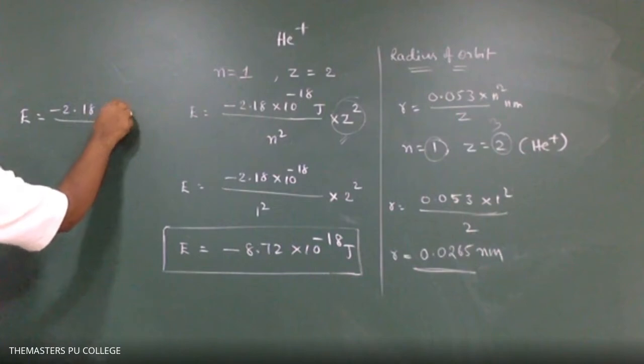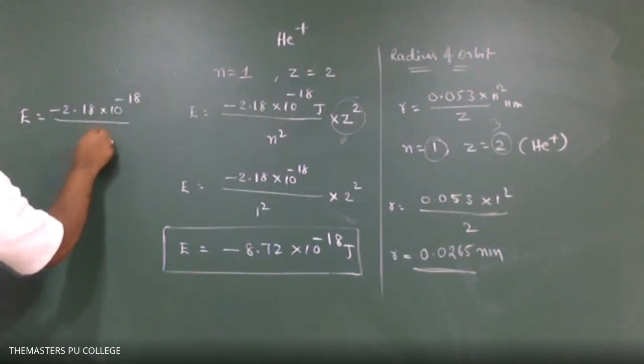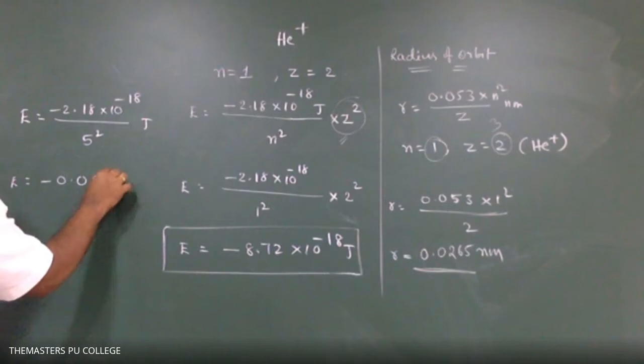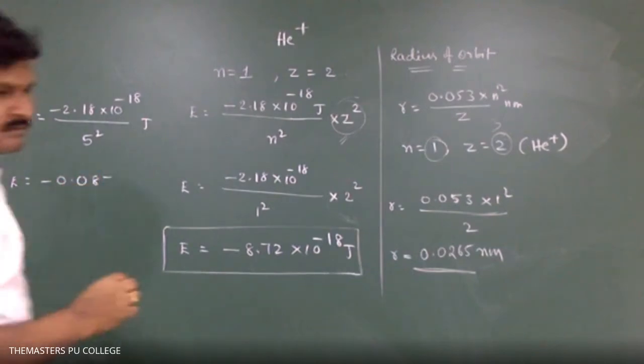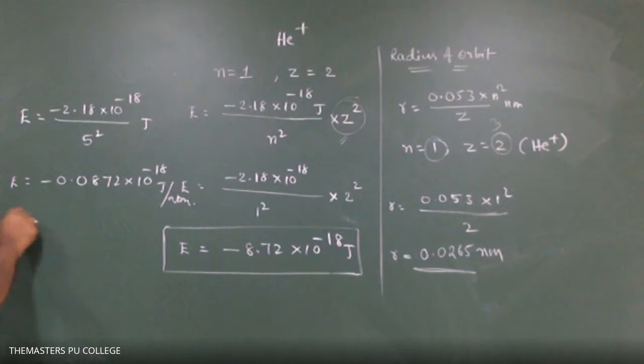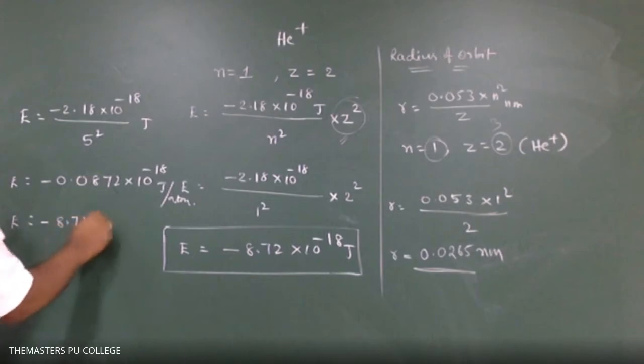Minus 0.0872 joule per atom. So E is equal to minus 8.72 into 10 to the power minus 20.